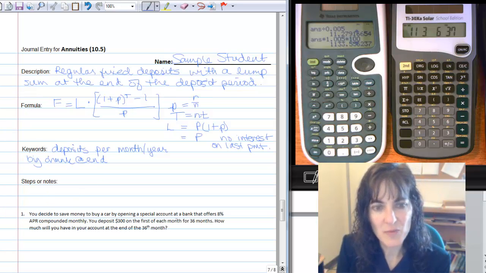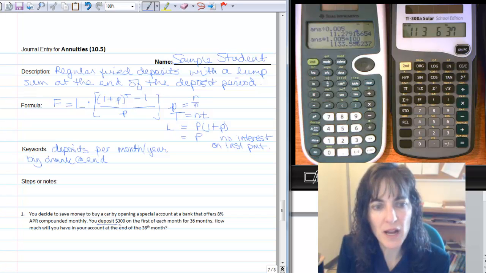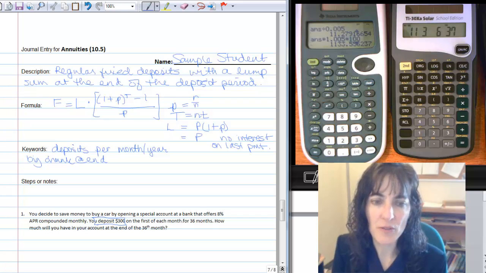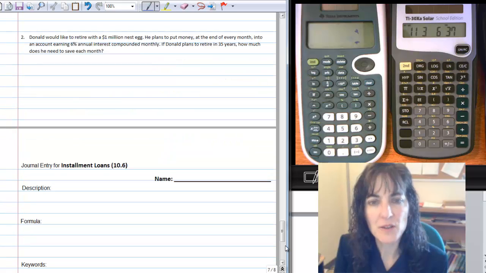You decide to save money. Let's see if we can find anything here. It does say compounded and monthly and all of that, but here we're depositing some amount, and so that's the important part. On the first of each month for 36 months, how much will you have at the end of that time?